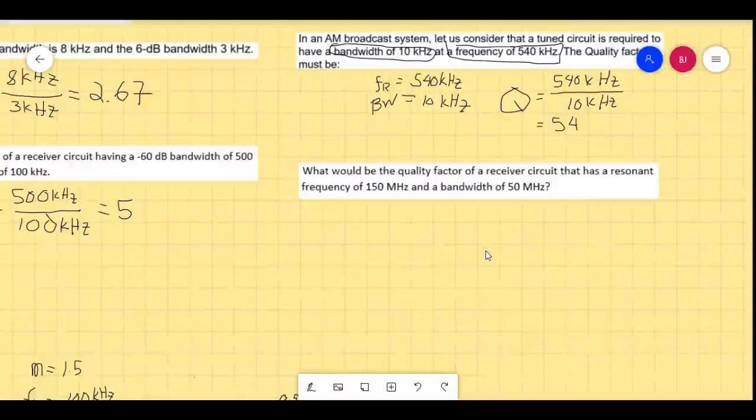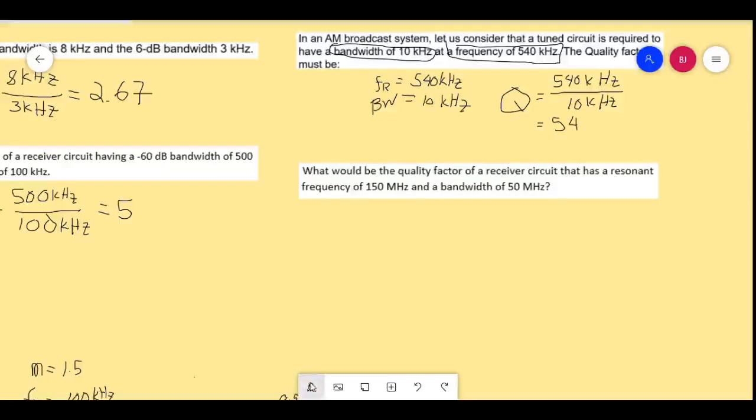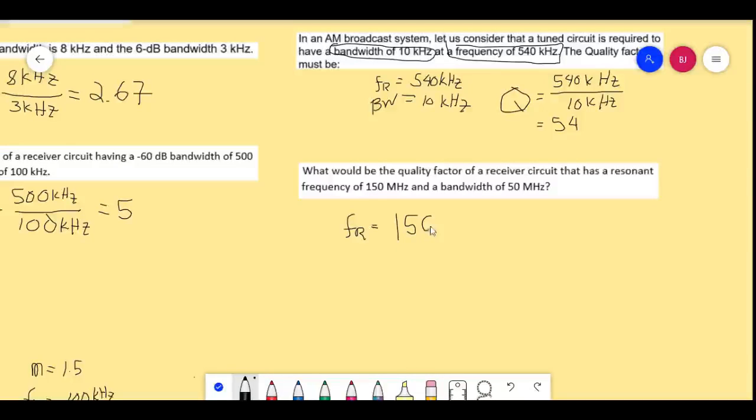Let's take a look at the next example. So the resonant frequency here is stated explicitly as 150 megahertz, and a bandwidth was given as 50 megahertz. Now, getting the Q factor, it's just a matter of dividing the two.